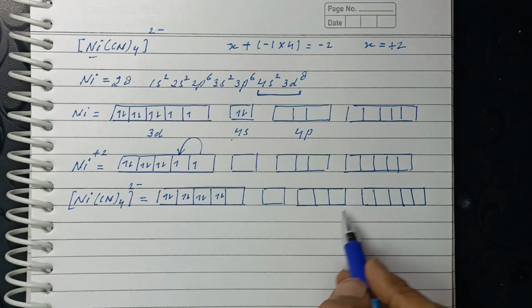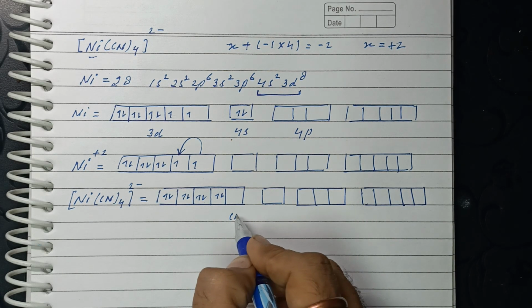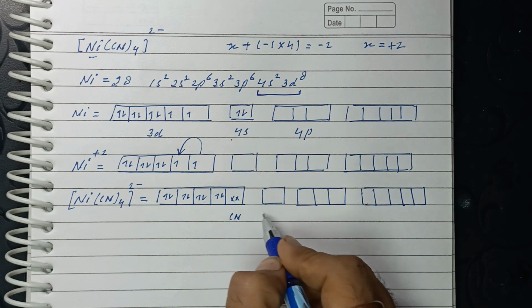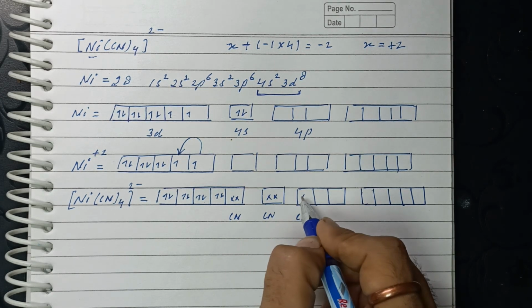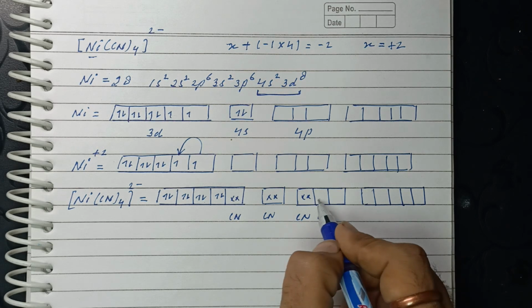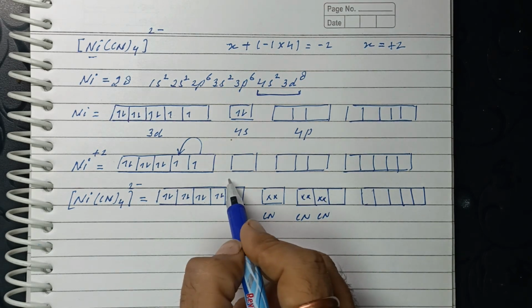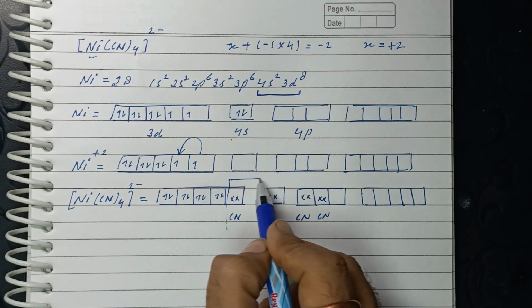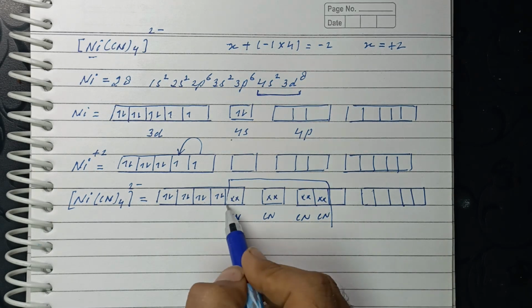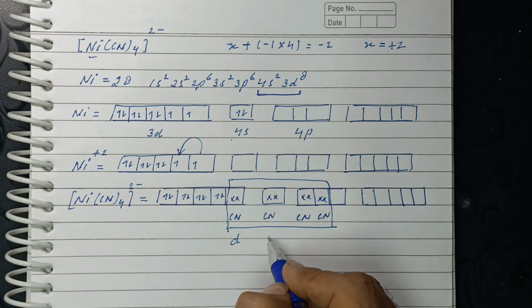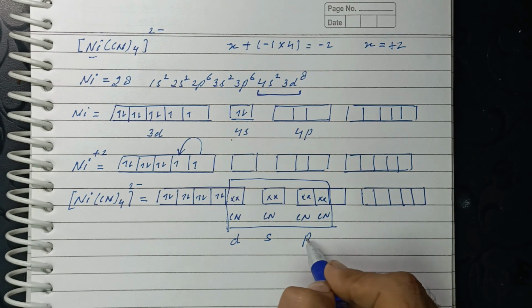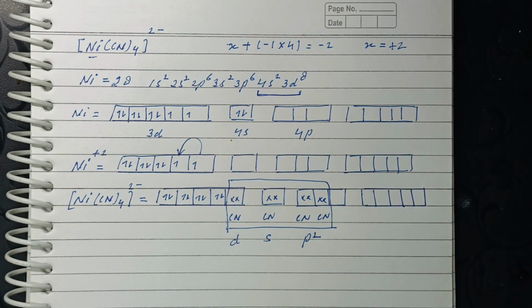Now we have these empty orbitals. Cyanide will donate its lone pair in these vacant orbitals. There are only 4 cyanide, therefore the hybridization becomes, this is d orbital, this is s, and these are 2p orbitals. The hybridization is dsp2.